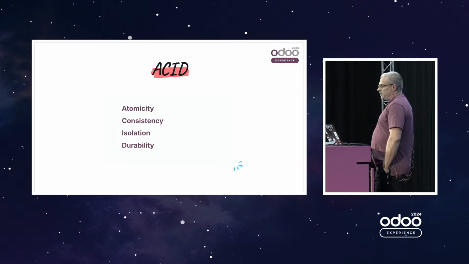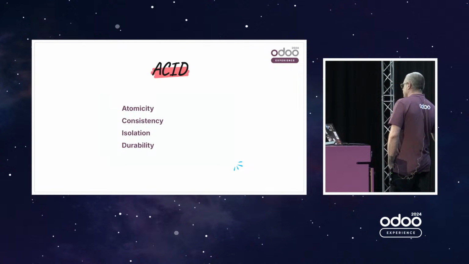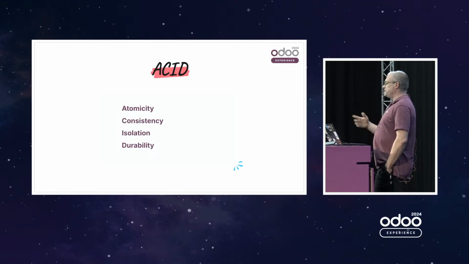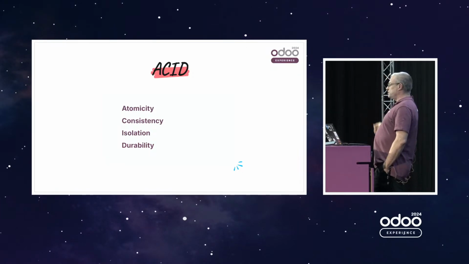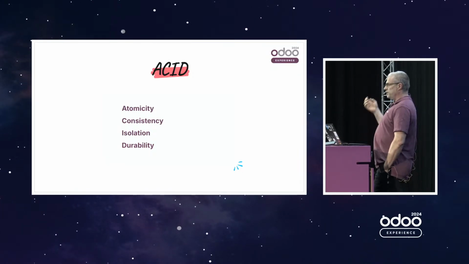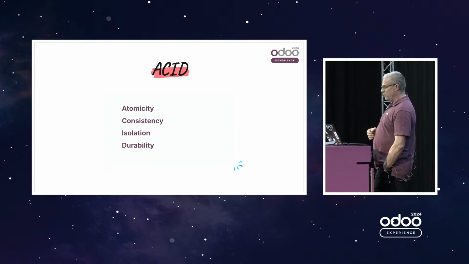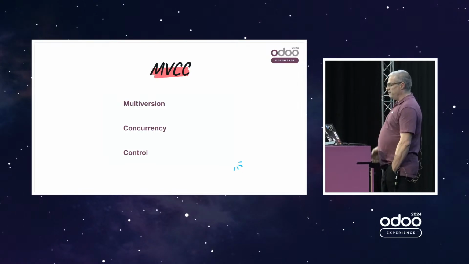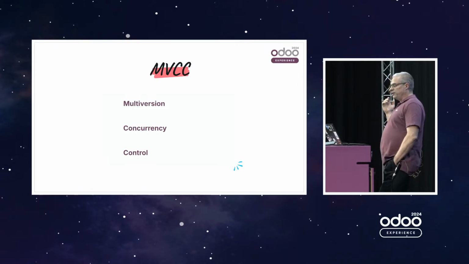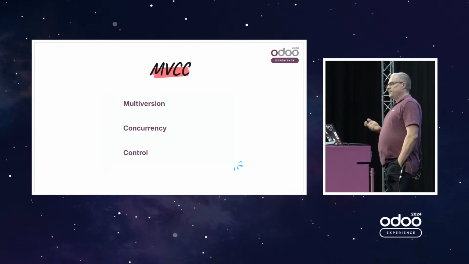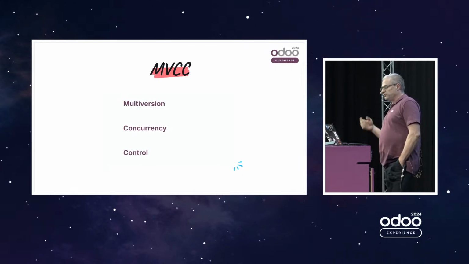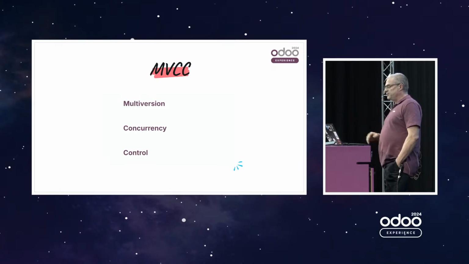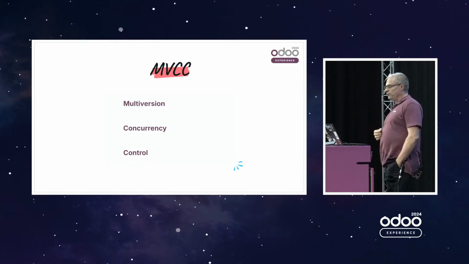And the durability guarantees that once a transaction has been stored in a database, it will remain committed, even if a system failure occurs just after the commit. You also have the MVCC, the multi-version concurrency control. It's a non-locking concurrency control method, which is commonly used by many database management systems to provide concurrent access to the database.